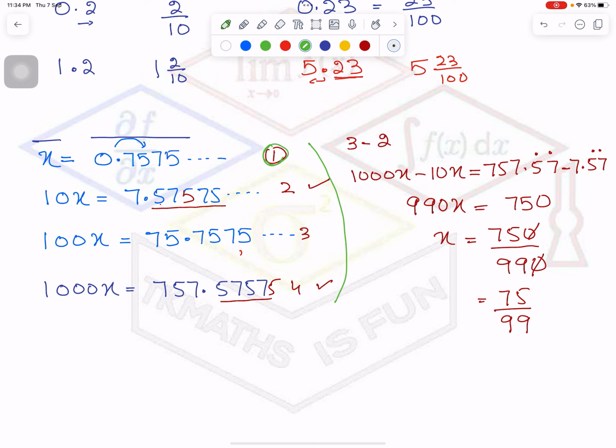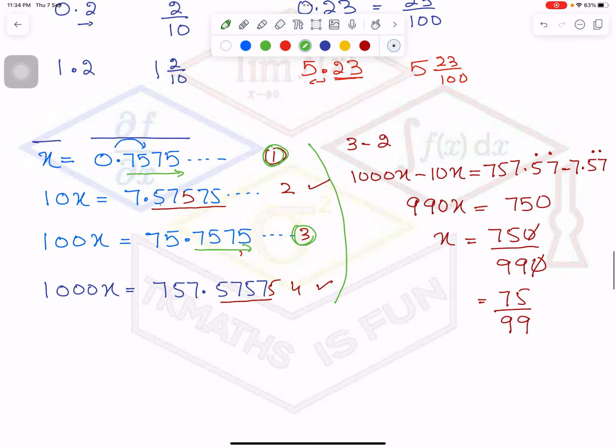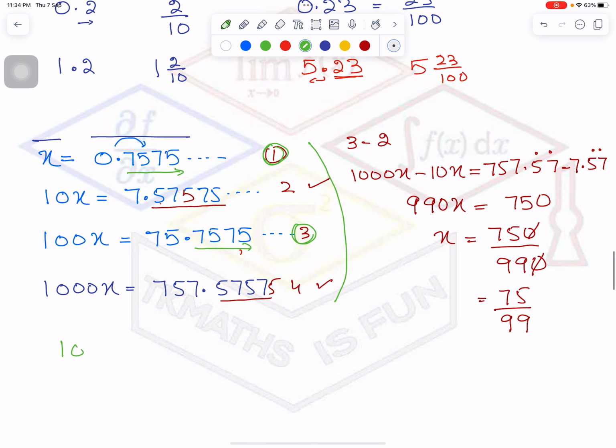Now, I was saying here, equations 1 and 3 also have the same digits after decimal. So let's subtract these now. You can subtract only those two which have same digits after decimal. So now I'm doing 100x minus x because I'm subtracting these two equations.